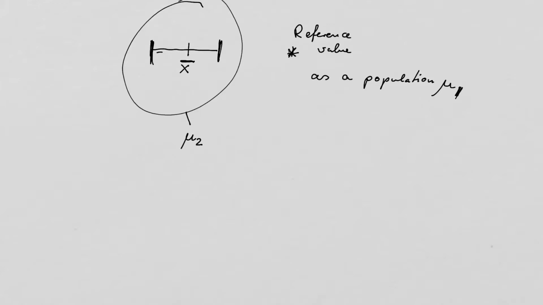And what we see very clearly is that the reference value is not included, so that indicates that this reference value represents a different population mean.